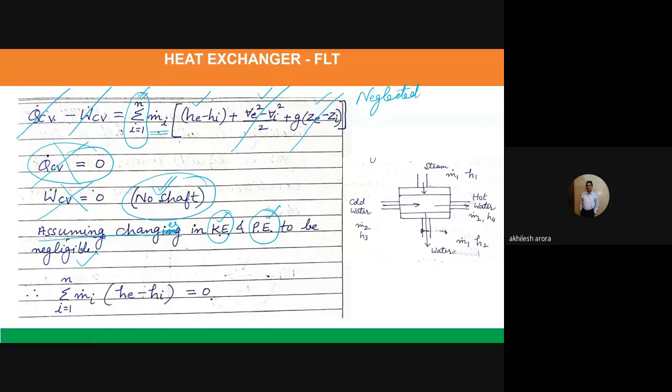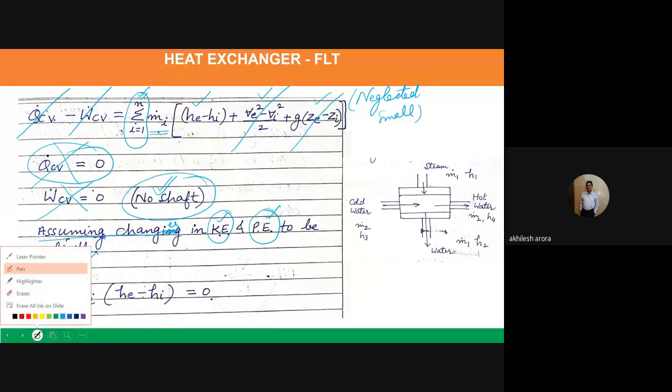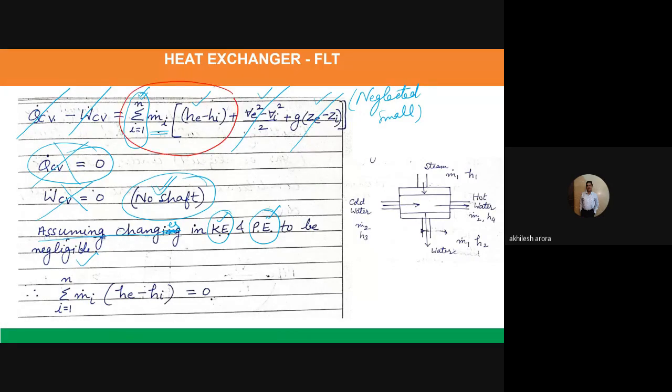So we are left with only one single term, which is what is left here. This is the equation that I got, and on the right hand side we have this term equal to 0. Now this equation is to be applied to this particular heat exchanger. So let us proceed to the next slide.